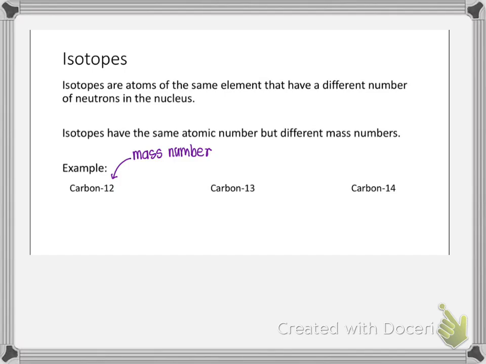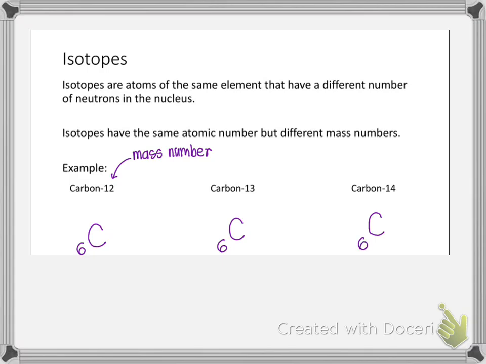All right, so they're all carbon. The symbol for carbon is C, so they would all have a C. Carbon is element number 6. If you have a periodic table near you, you can look and see it's element number 6. Carbon has an atomic number of 6, and you don't have to memorize that.